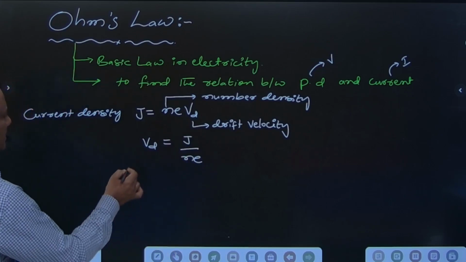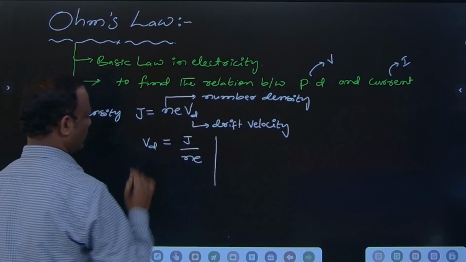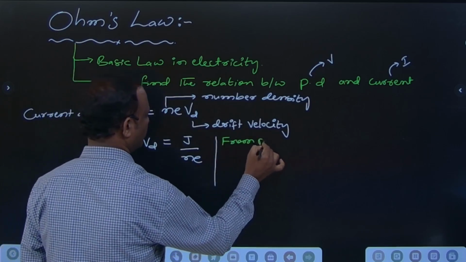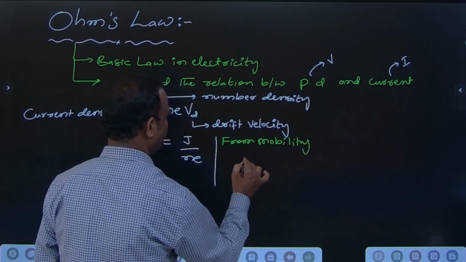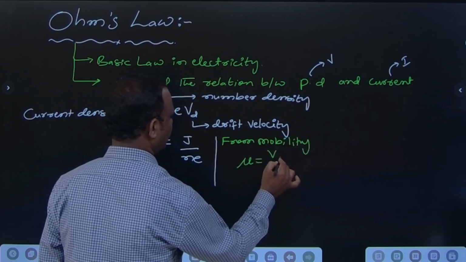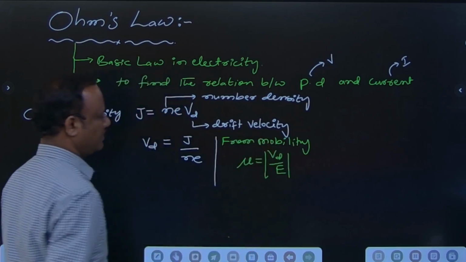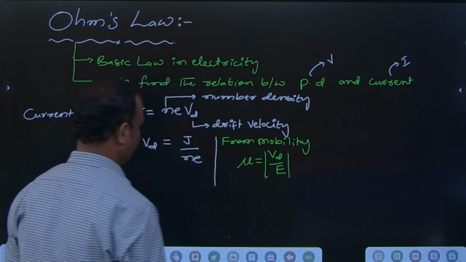So vd means what? From mobility, mu is equal to vd by E, the ratio between drift velocity and electric field.